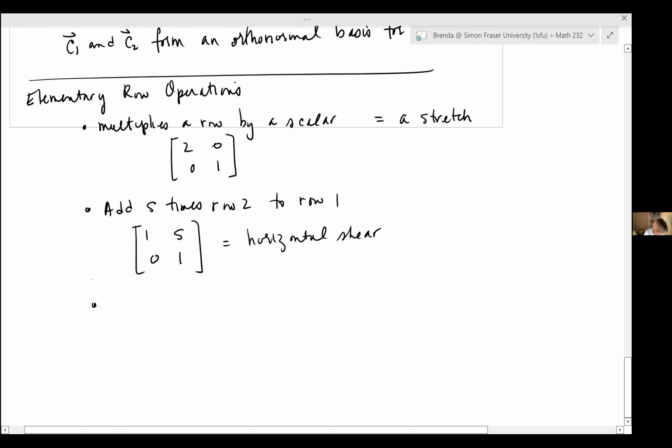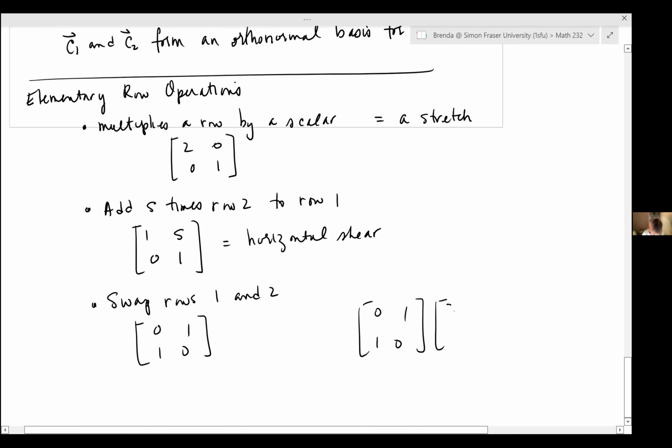Okay, final row operation. Swap rows 1 and 2. The matrix that swaps 2 rows looks like this. Let me just show you that. I want to convince you of that. Say I want to swap 2 rows.